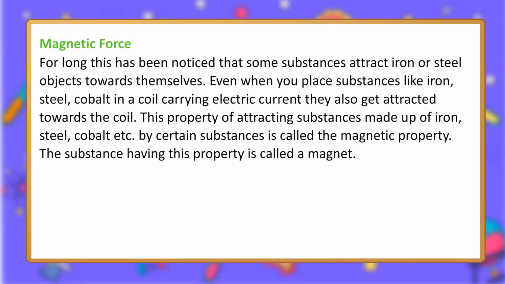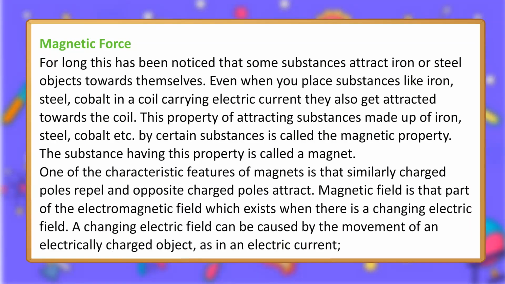The substance having this property is called a magnet. One of the characteristic features of magnets is that similar poles repel and opposite poles attract. Magnetic field is that part of the electromagnetic field which exists when there is a changing electric field.